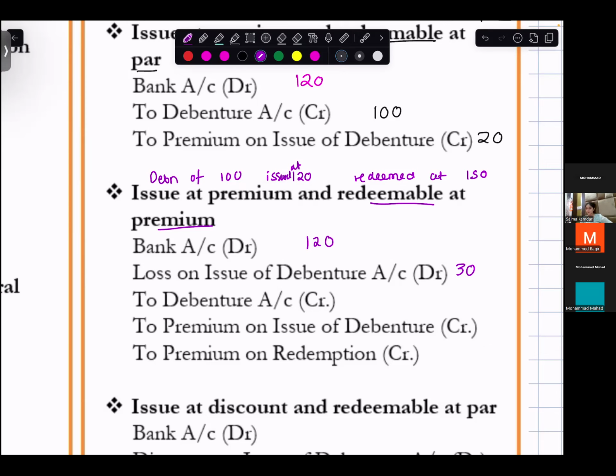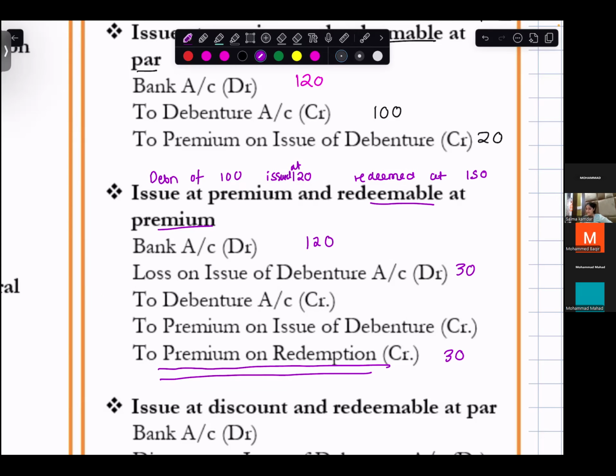So there is this loss of 30 because you are going to redeem it at premium. This loss of 30 is because there is premium on redemption. Are you with me? Yes. So this loss is now clarified.